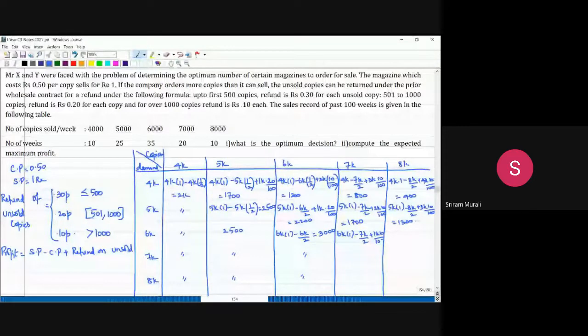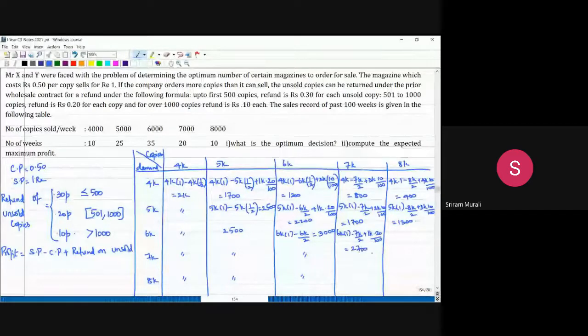Sorry, 1k into 20 by 100. 6k into 1 minus 7k by 2 plus 1k into 20 by 100, I get 2700.